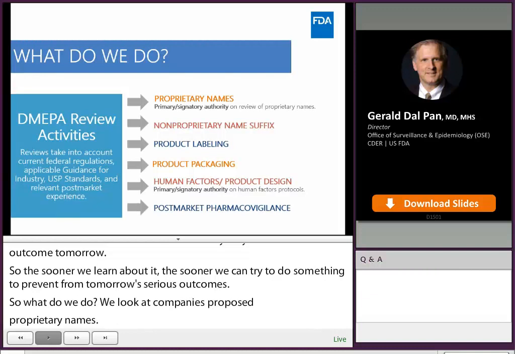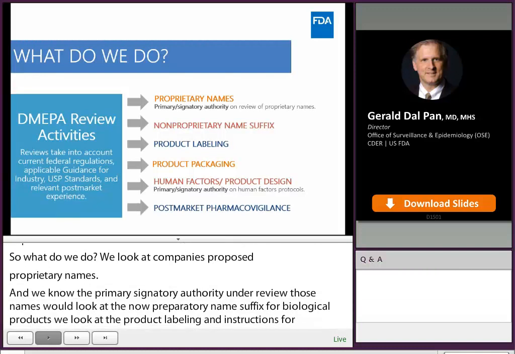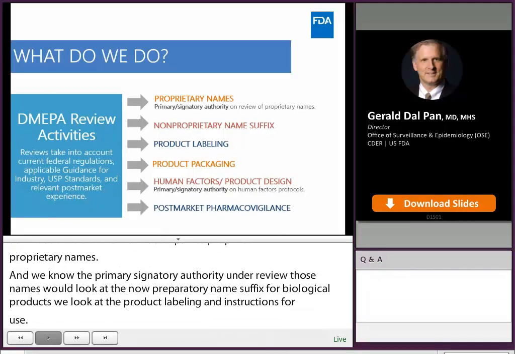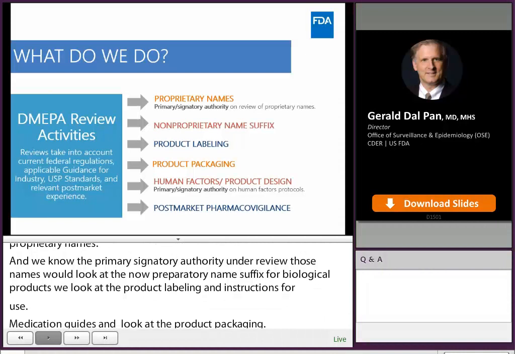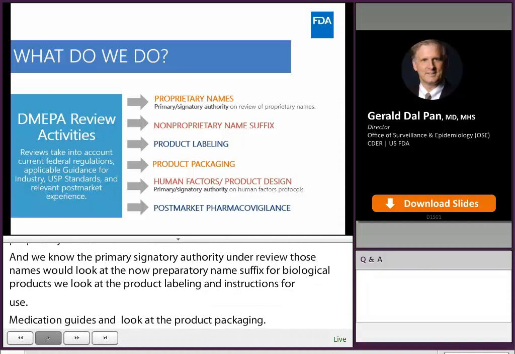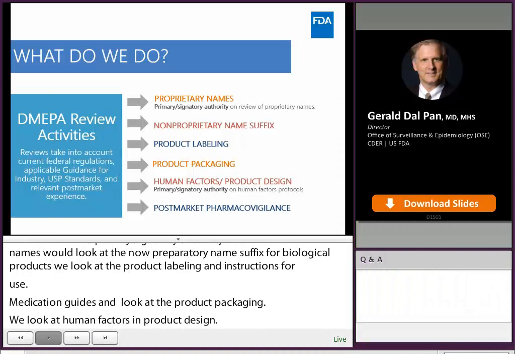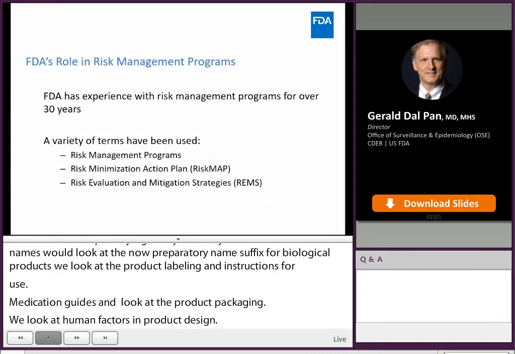We look at the product packaging. We look at human factors and product design features for drug-device combination products regulated by CDER. And there's a post-market pharmacovigilance program that looks at the individual case safety reports that have a code for medication errors in them. So you'll hear about those programs.